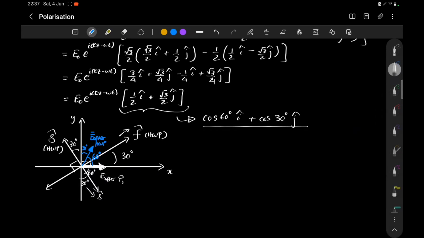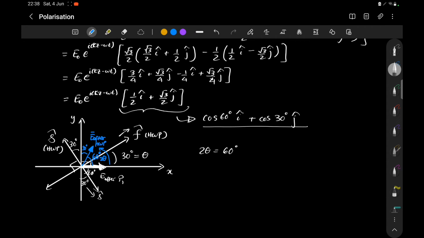So 30 degrees is theta, and 2 theta is 60 degrees. So the rotation from E after P1 to E after the half wave plate, this rotation, this diagram is getting too cluttered, but nevertheless this rotation is 2 theta, which is 60 degrees.